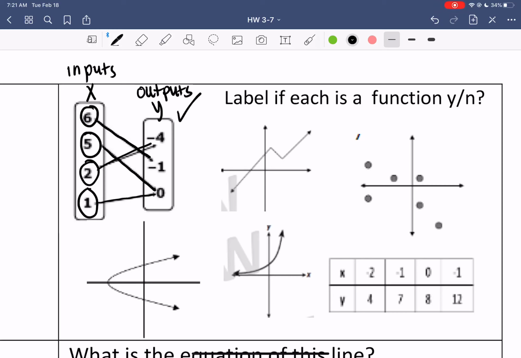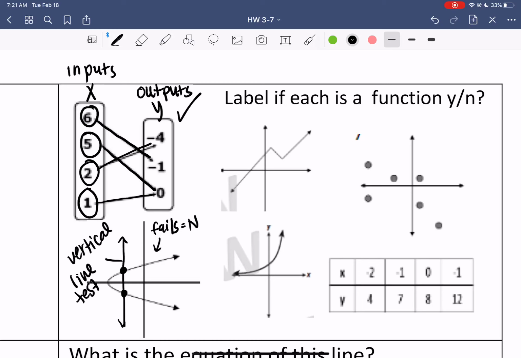With our graphs, we're going to want to consider the vertical line test right here. Since this line right here passes both of these. If the vertical line passes through our graph at more than one point, like this graph right here, this fails, meaning it is not a function.